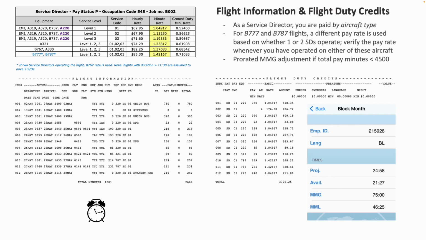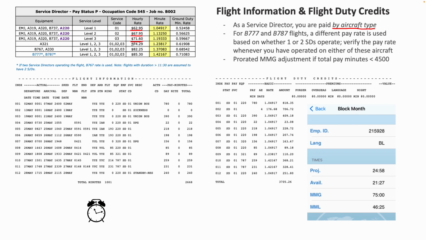As mentioned, as a service director, you are paid by aircraft type. This is a key difference between how we are paid as service directors and how we are paid as flight attendants. You can see that on the 3 different steps on the narrow body pay scale there are different rates of pay for the Embraer, which we don't fly anymore, the Airbus 319, Airbus 320, the Boeing 737 MAX, and the Airbus 220.